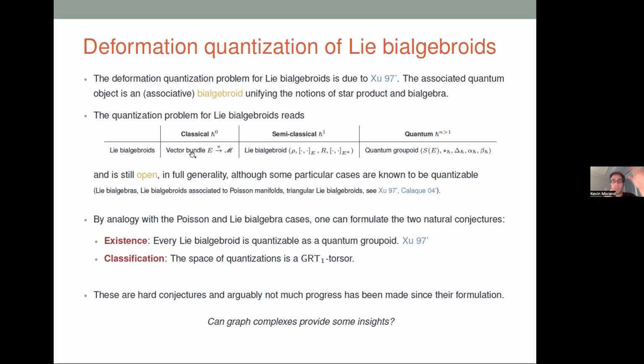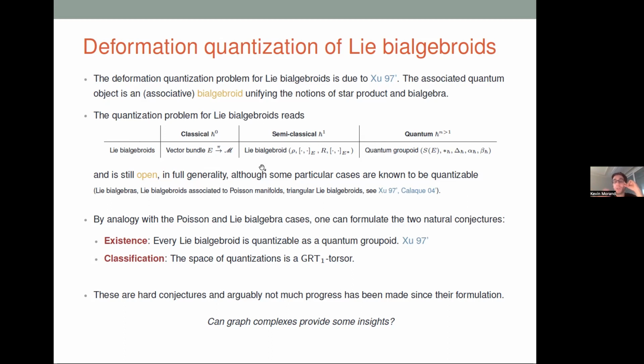So here the classical data is a vector bundle, and then we will deform the symmetric algebra associated to this vector bundle as a bialgebroid, and one can show that the first order deformation indeed reproduces a Lie bialgebroid. So this is a quantization problem, but contrarily to Poisson manifolds and Lie bialgebras, this is still open in full generality, so we don't have a full solution to this quantization problem.